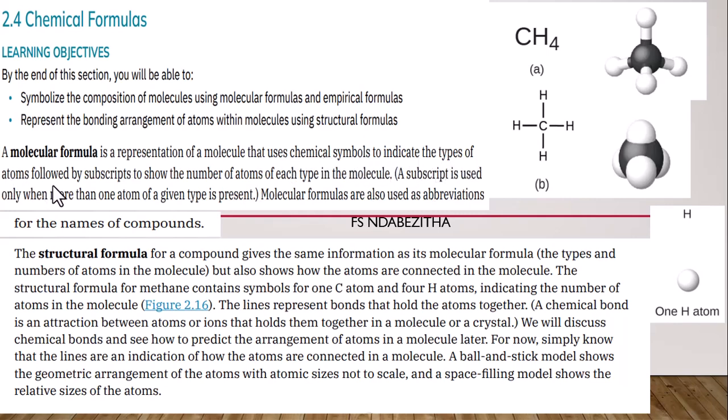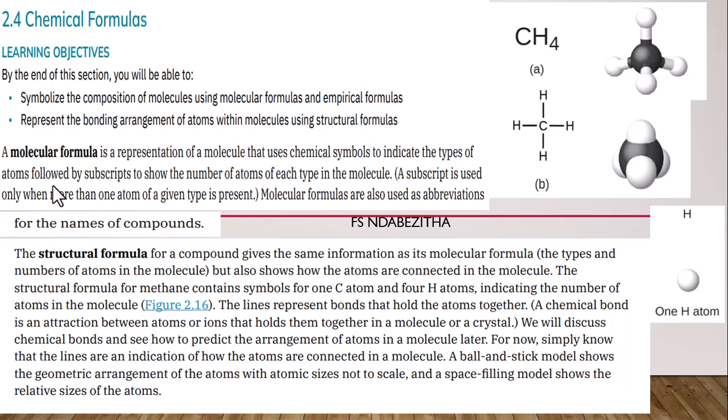Remember, these atoms bond chemically. There is a chemical reaction that has to transpire in order to have this molecule. This chemical reaction that is taking place has to accommodate a certain number of atoms. They have to be balanced for the reaction to happen in the right way and the right procedure.